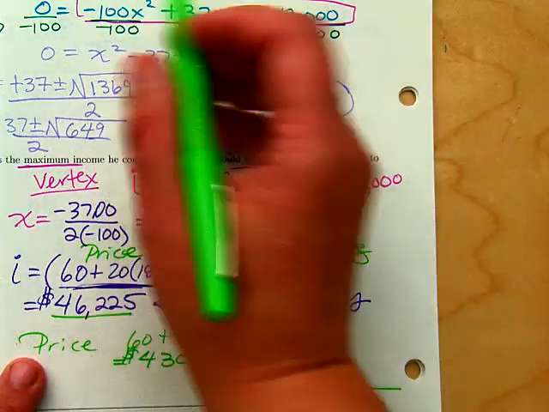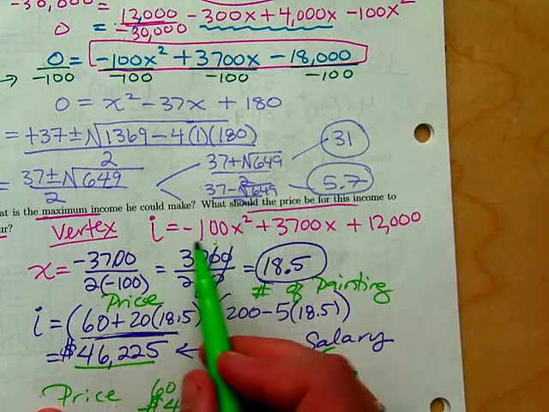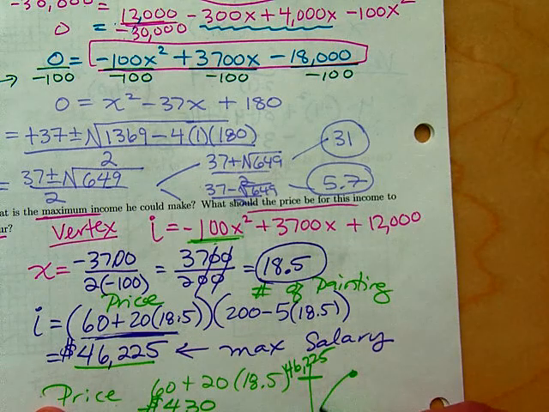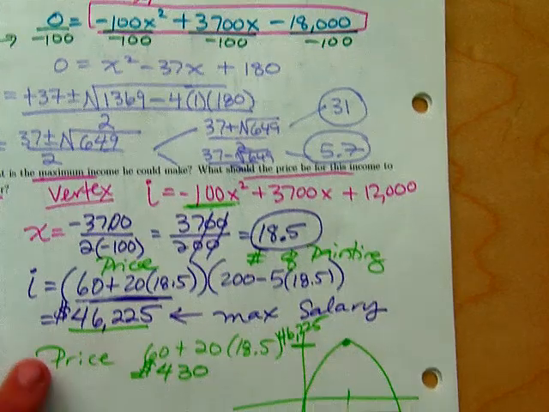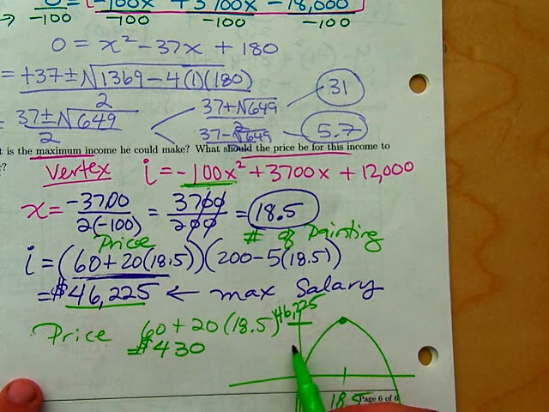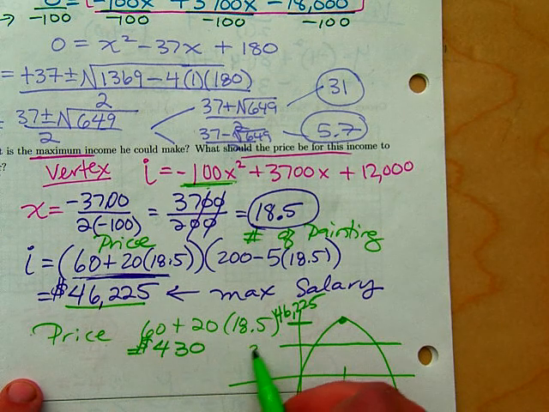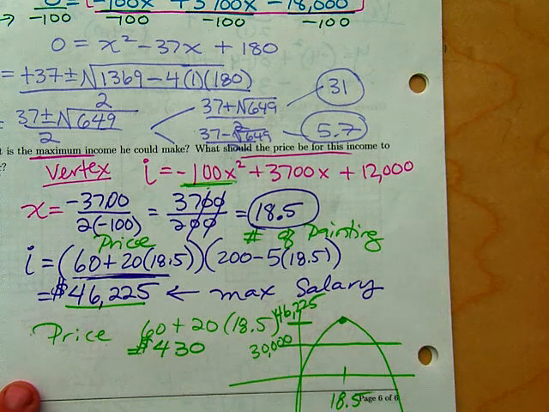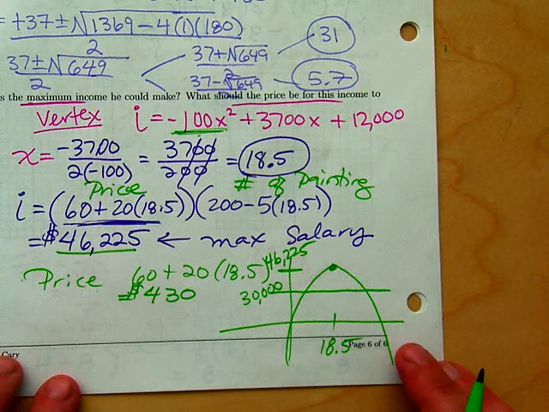Because we have a negative coefficient of X, this is going to open downward, right? And somewhere along here is 30,000. Can you kind of visualize what I'm sketching out here?